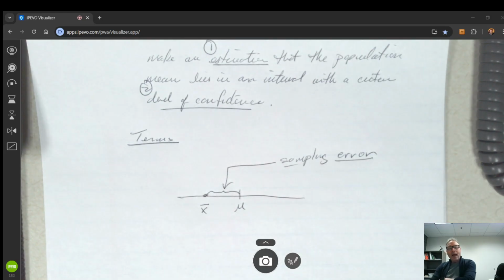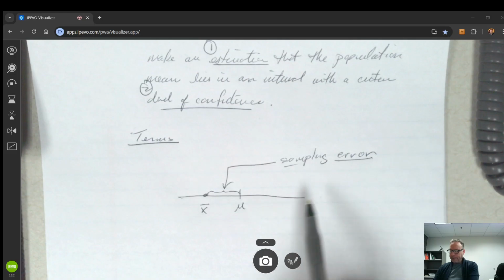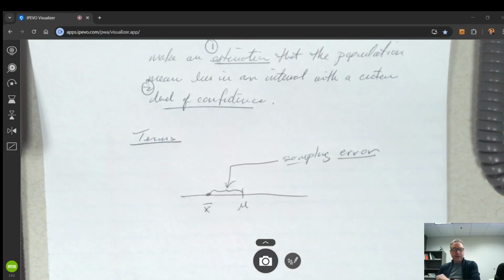Every time I take a sample, I know that I'm going to have some error, and it could be large or small. Maybe the particular sample I got had a lot of high values in it, and so it was way up here. Or maybe it was close. But regardless, there's going to be an error. That's called sampling error because you don't have all the data. Can't get all the data.